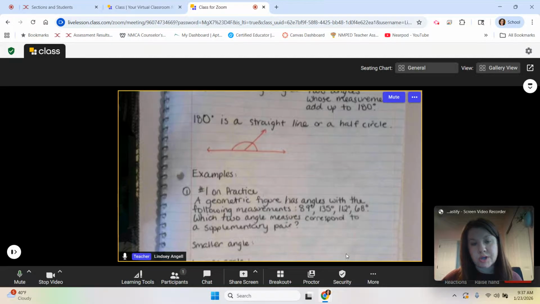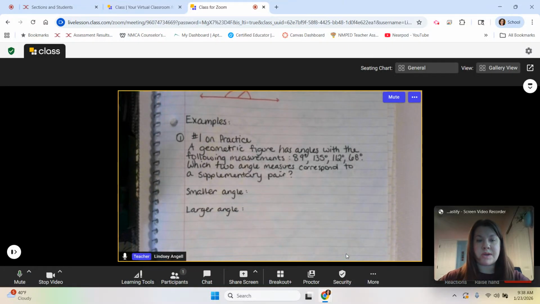So let's just get straight into some examples. The first one is number 1 on your practice, which is on page 11 in your lesson. A geometric figure has angles with the following measurements: 89 degrees, 135 degrees, 112 degrees, 68 degrees. Which two angle measures correspond to a supplementary pair?